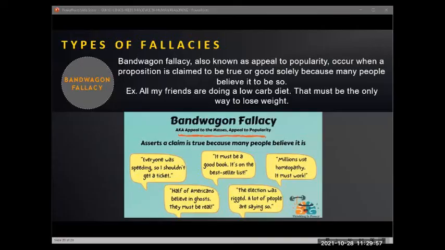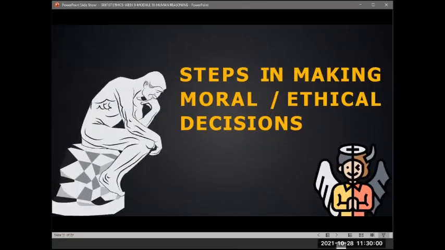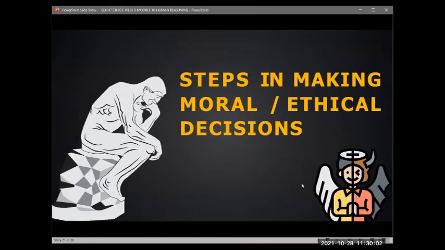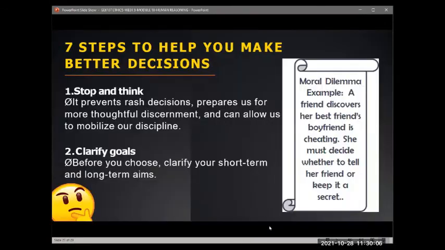Now let's move on, class, to the steps in making moral and ethical decisions. There are seven steps to help you make a better decision. The first step: stop and think. It prevents rash decisions, prepares us for more thoughtful discernment, and can allow us to mobilize our discipline. Second, clarify goals.